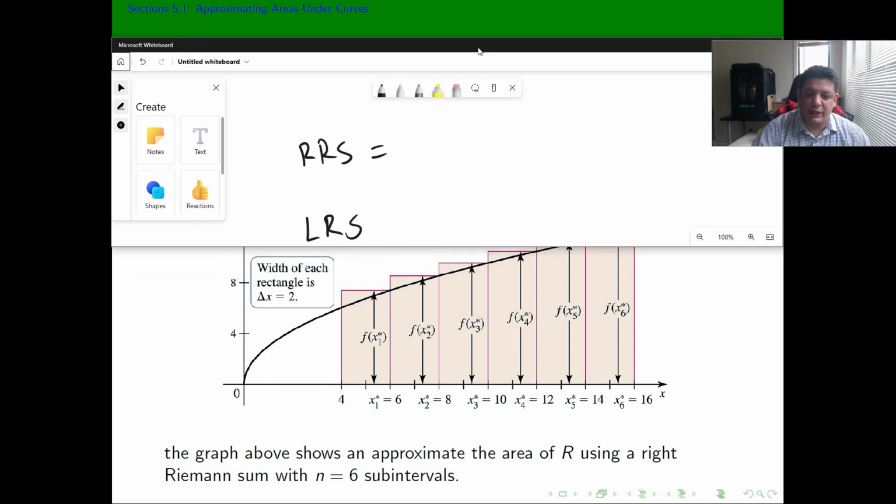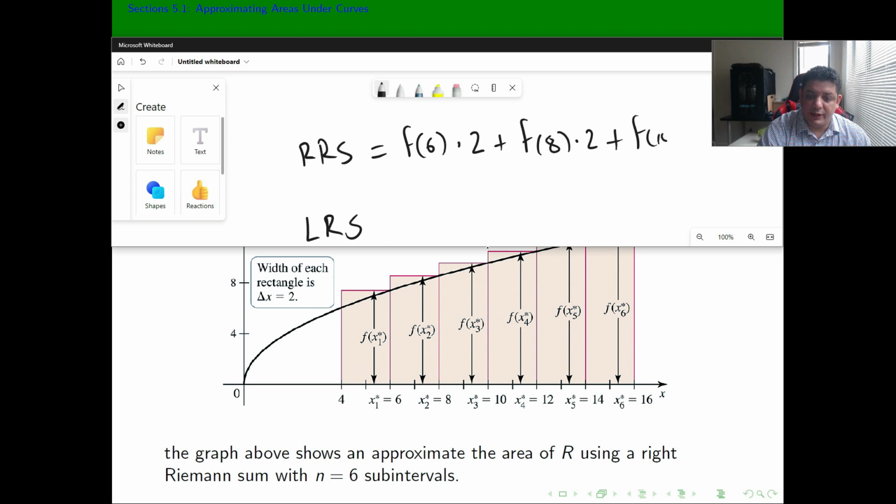Okay, so for the right Riemann sum, notice that we're taking f of 6. So f of 6 is the height of the first interval times 2, which is the delta x, plus f of 8 times the delta x, which is 2. So notice this is the area of this whole rectangle. This is the area of this whole rectangle.